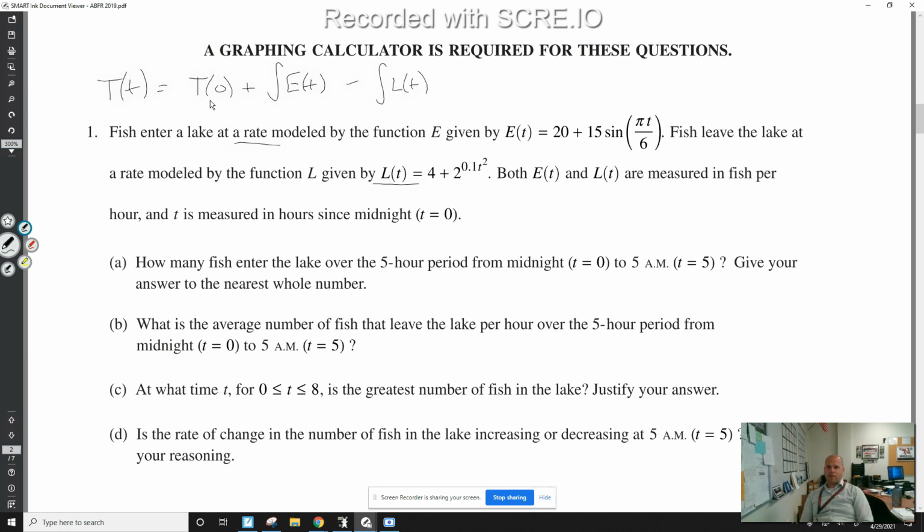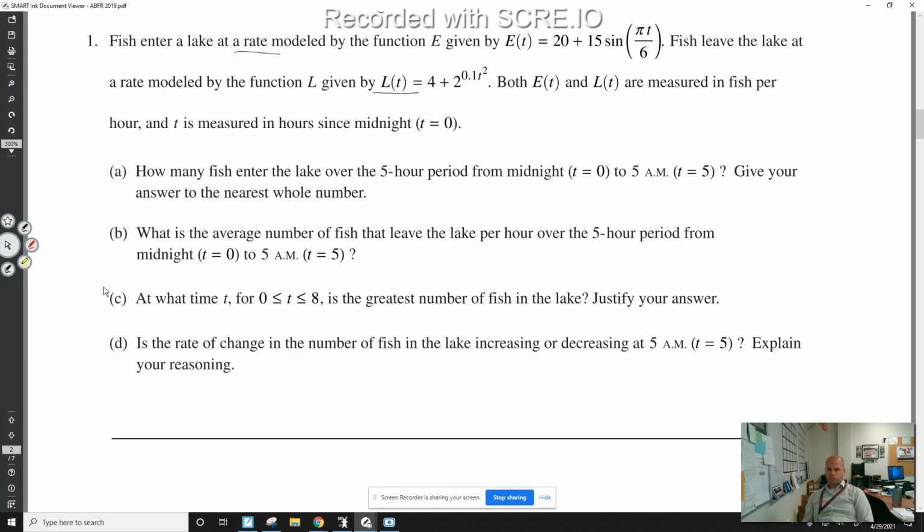Now, if I take the derivative of this, we get T prime. T prime is just E minus L. This is the rate of change of the total. This is like how quickly fish would be coming in or out. So E being a derivative, L being a derivative, subtract the two, and that's like the velocity of my total. That's how we're going to find maxes and mins and stuff like that.